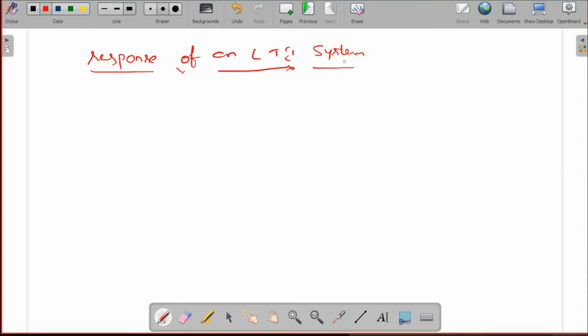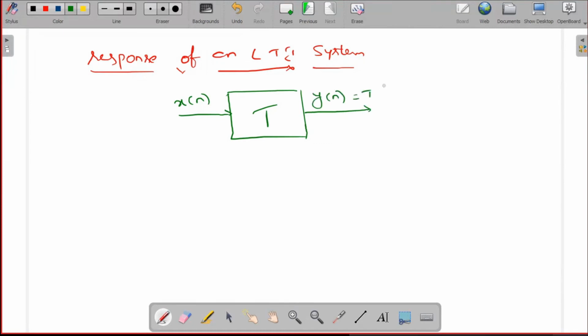Okay, here remember the particular system is a linear and time invariant system. Let's take the system. The operation I am representing by the operator T. Input is x of n, and the output response, which is y of n, is nothing but T of x of n.